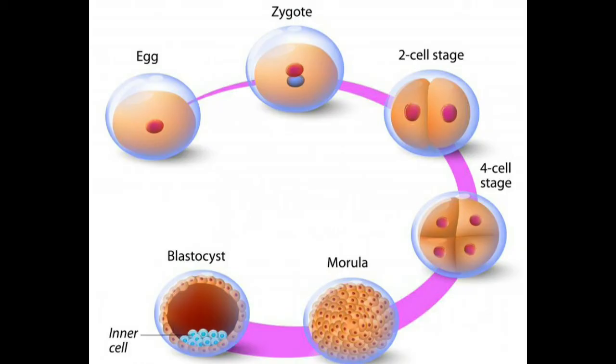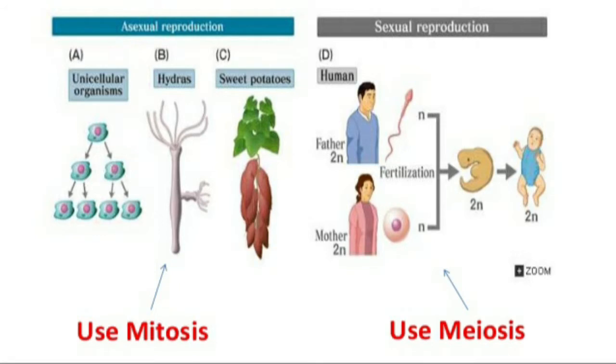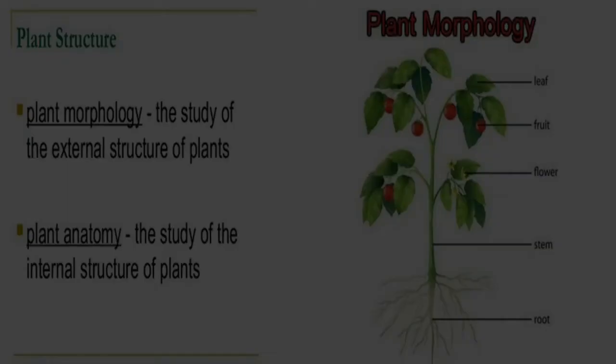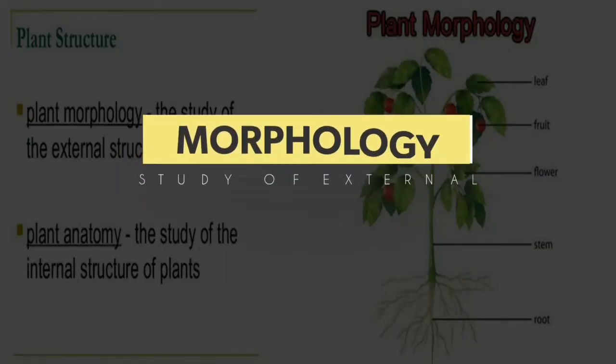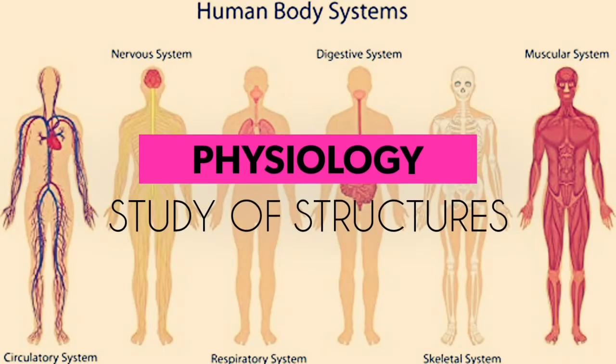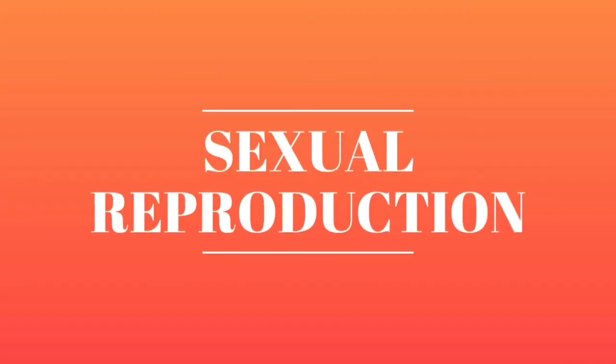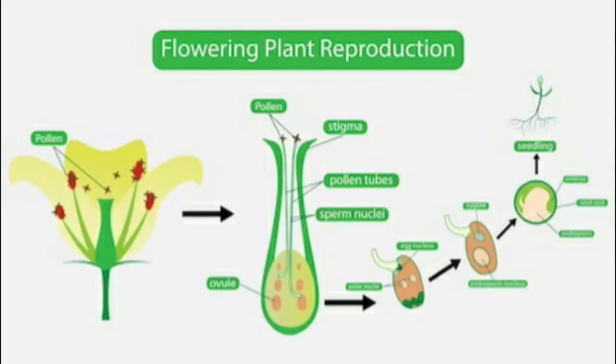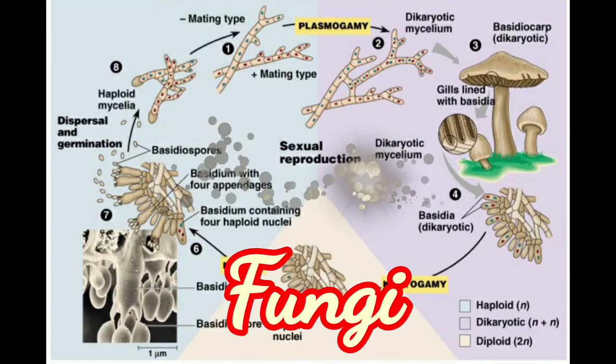It is a complex and slow process as compared to asexual reproduction, and it involves the fusion of male and female gametes. Offsprings are not identical to the parents. Even with different external morphology, anatomy, and physiology, the sexual mode of reproduction is similar in pattern in plants, animals, and fungi.